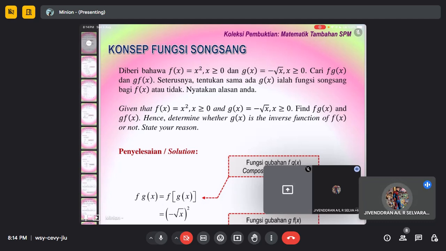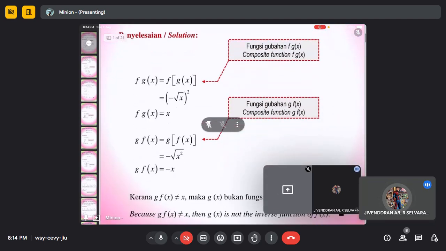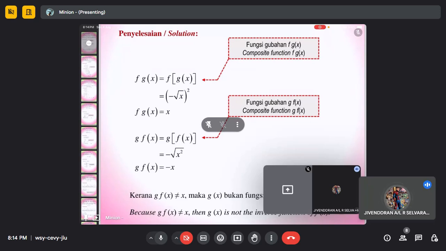At first you have to find f(g(x)). Pritika, scroll down. So f(g(x)) equals f of g(x), and from the question we know that g(x) equals negative square root x, and we also know f(x), so we just insert it, and then we'll get f(g(x)) equals x.